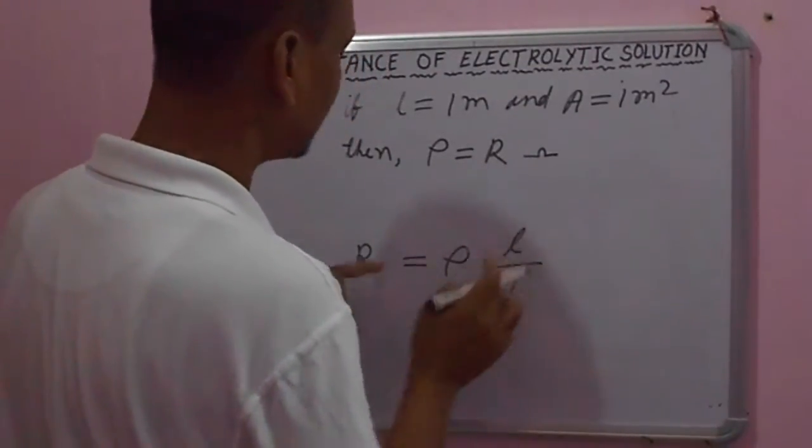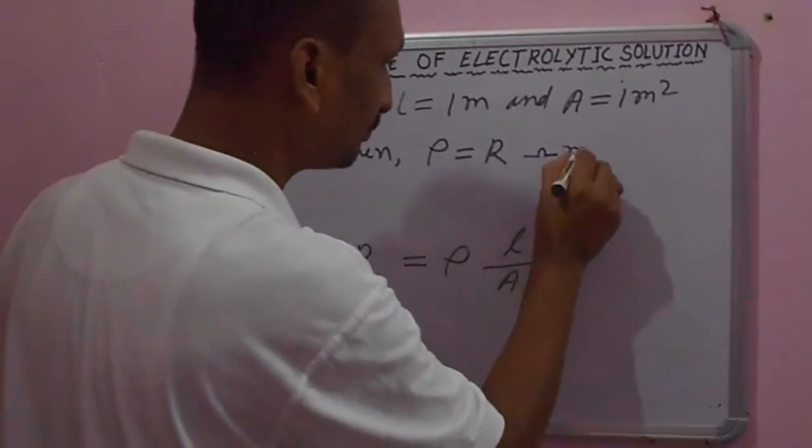L by A is meter inverse; if it goes to the other side, then ohm meter.